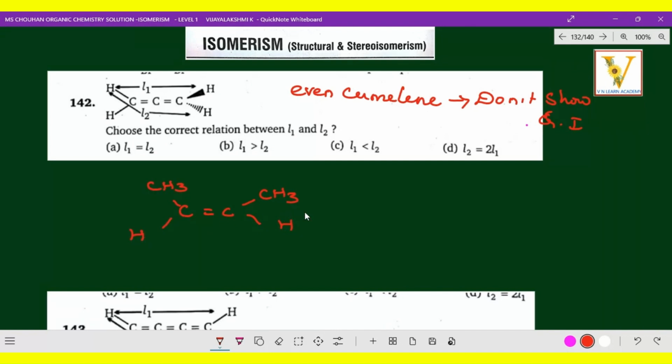Now, first and foremost, I would like to mention this can show geometrical isomerism. Why? Because you see here C double bond C, here CH3 and here CH3, and here hydrogen and here hydrogen.